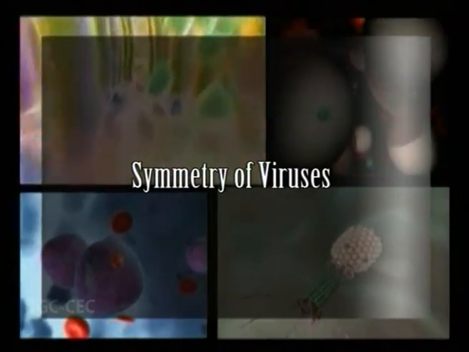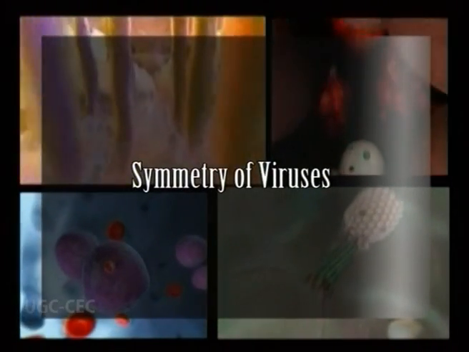Now, symmetry of viruses. Dear students, symmetry refers to any structure which, when rotated around an axis, shows the same form from all sides. The morphology of a virus is determined by the arrangement of protomers, which are protein morphological units.